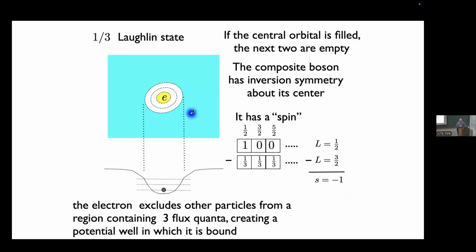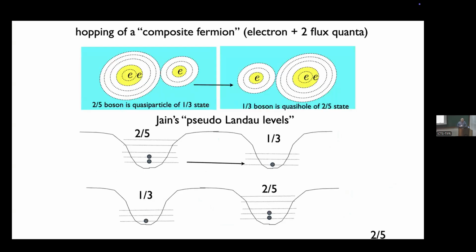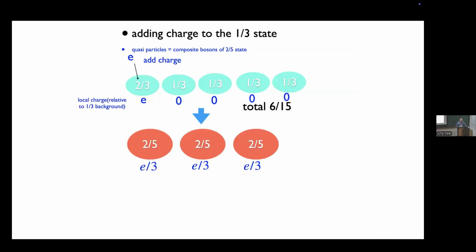You've put one electron in the center of this group of 3, and that's the composite. The 2/5 state, I've got 2 and 5. And interestingly, if I dope a 1/3 Laughlin state, kind of like doping a semiconductor, I add one charge to it.